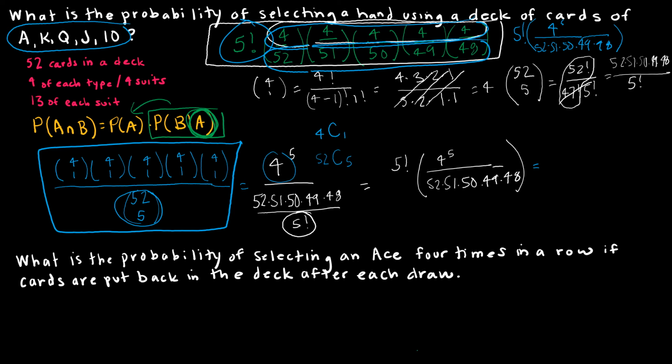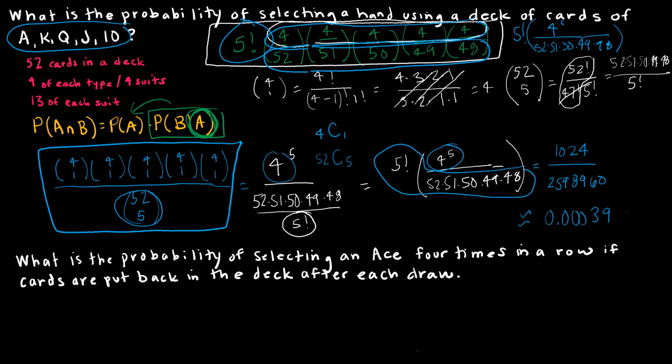And what I end up with is 4 to the 5th is 1024. And this one, with the 52, 51, 50, etc. divided by the 5 factorial, gives me 8960, which is approximately 0.000394.